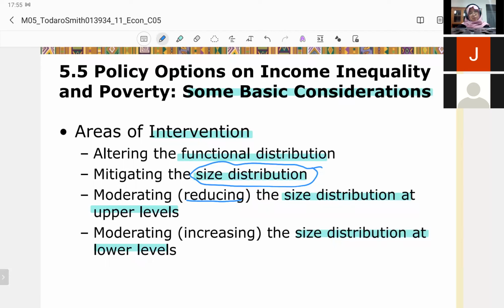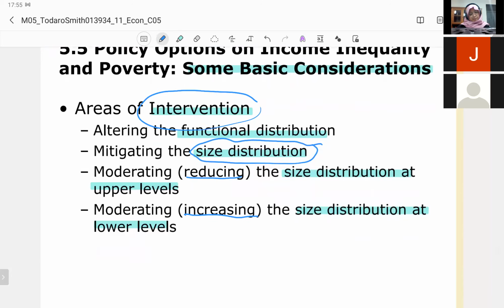So we want more equal income distribution, right? And in the lower level, we have to moderate or increase the size of income distribution to the lower level. So this can be the option of the area of intervention.